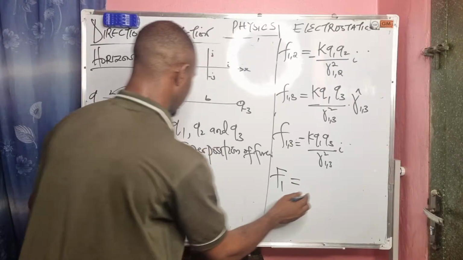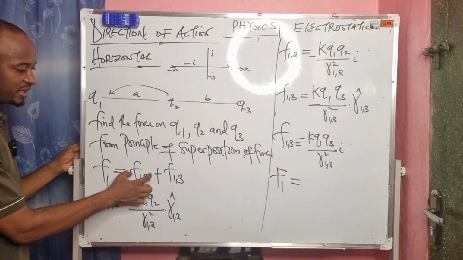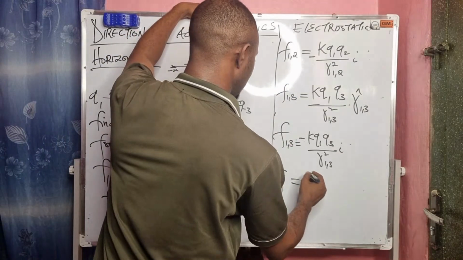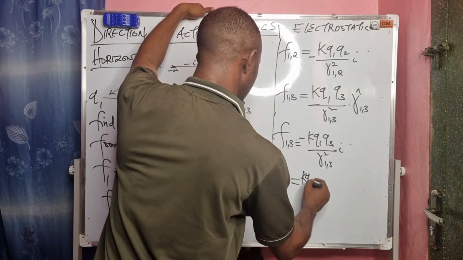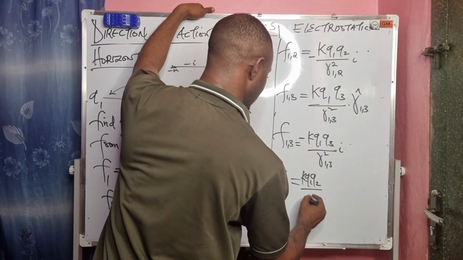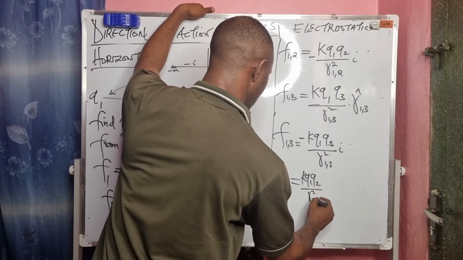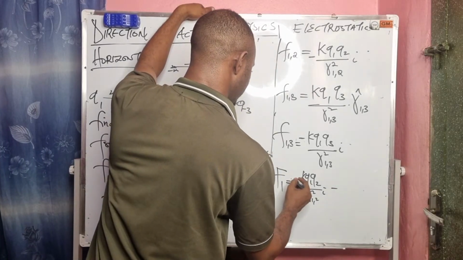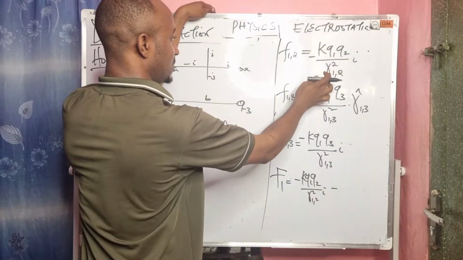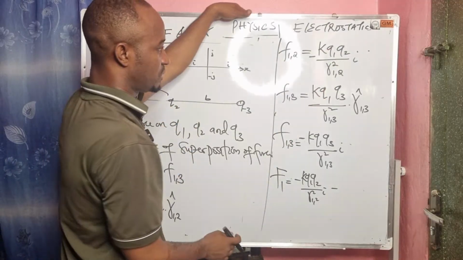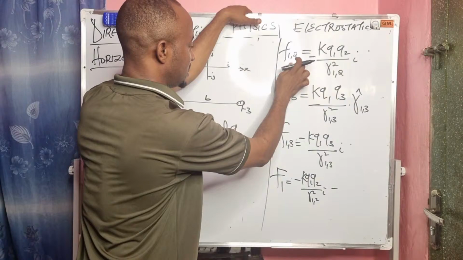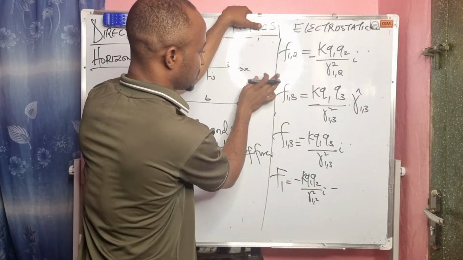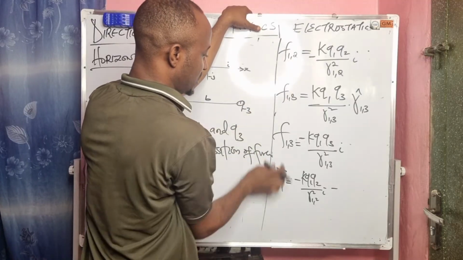Our F1 is the sum of F12 plus F13. What's our F12? F12 is simply KQ1 Q2 over R squared 1,2 I. Then minus KQ1 Q3 over R squared 1,3 I, adding this expression with this.